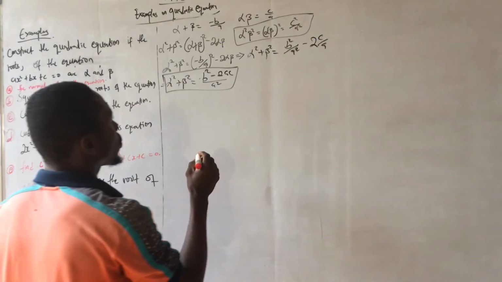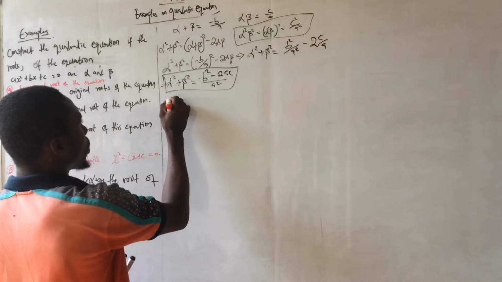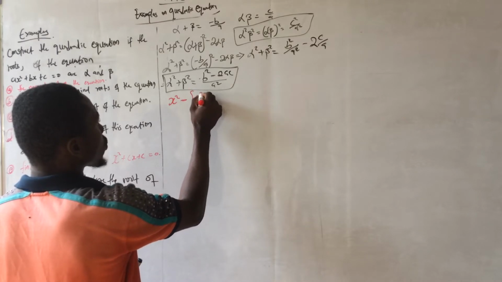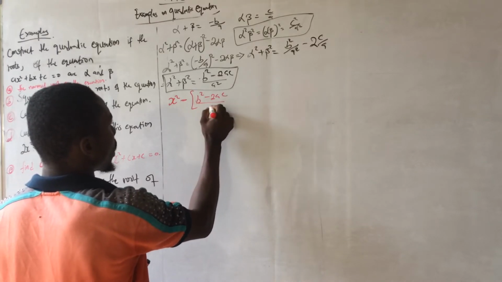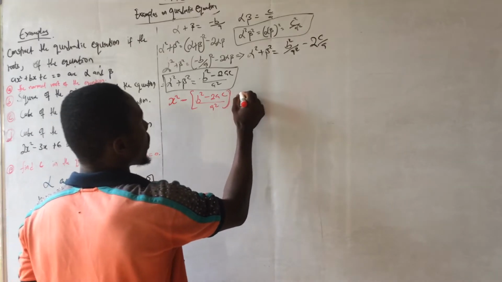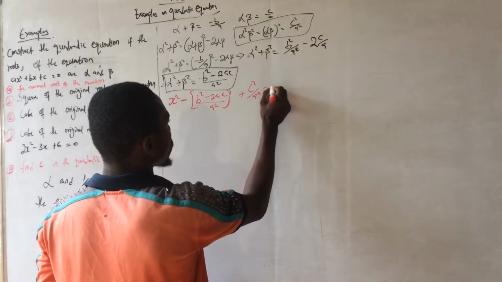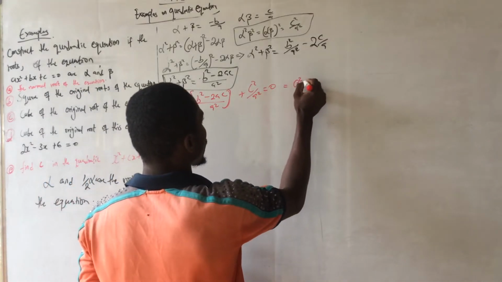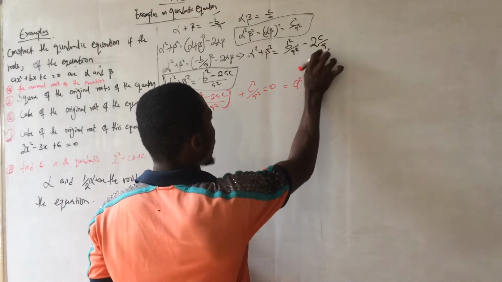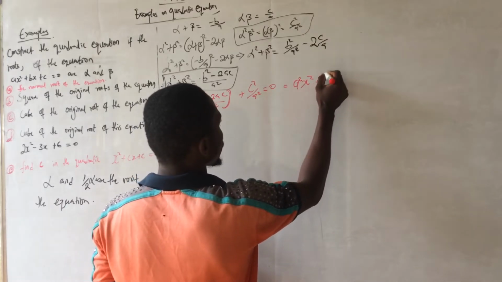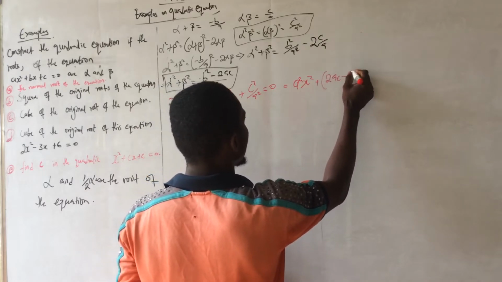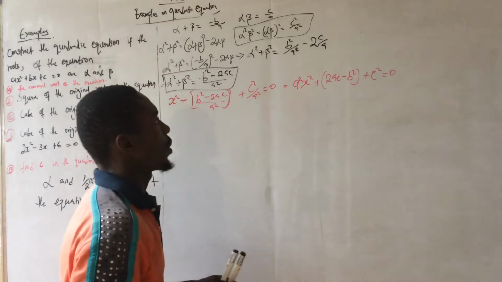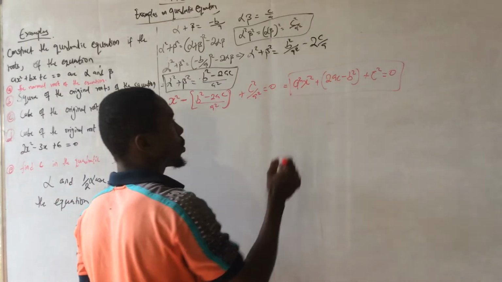The quadratic equation that is required is x squared minus (b squared minus 2ac over a squared), then plus c squared over a squared equal to 0. So when you multiply all through by a squared, we'll have a squared x squared, then plus (2ac minus b squared) x, then plus c squared equal to 0. So this is the quadratic equation we want to form.